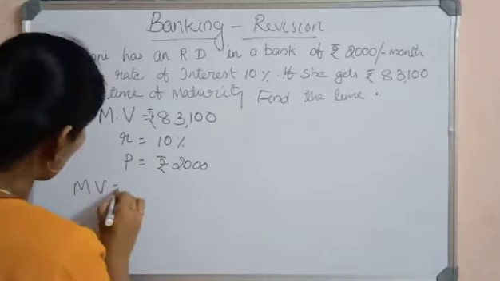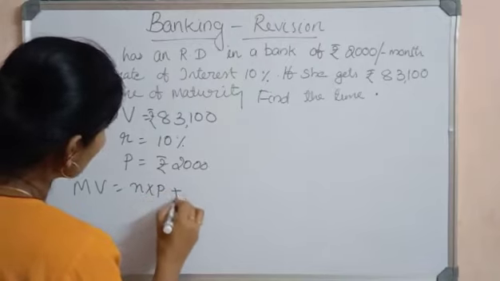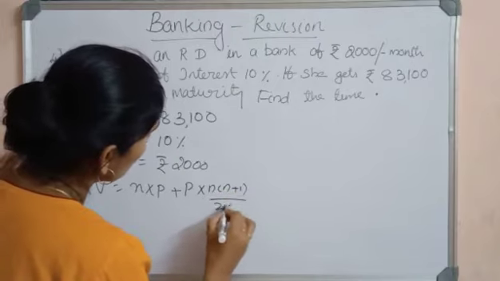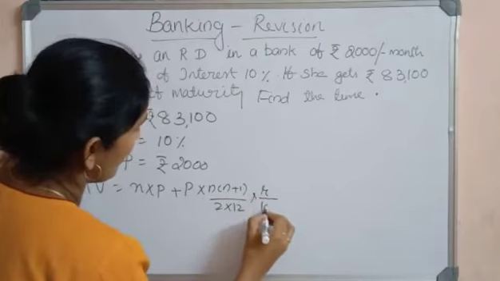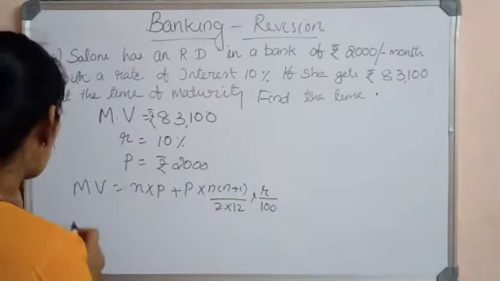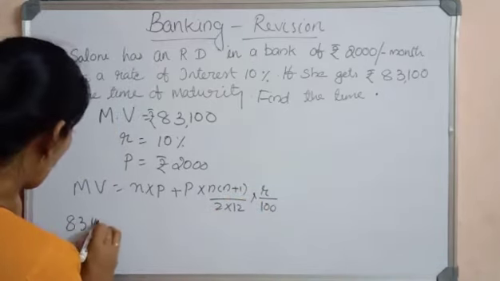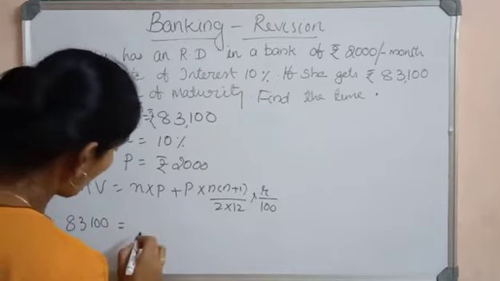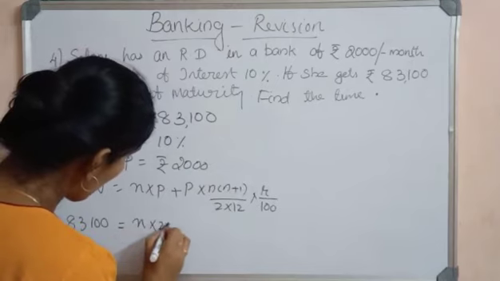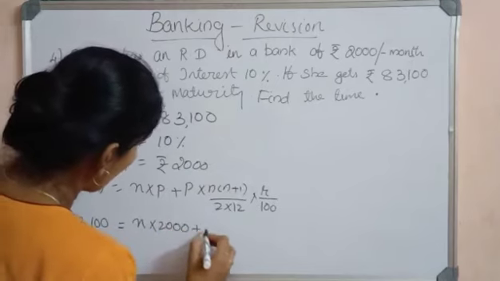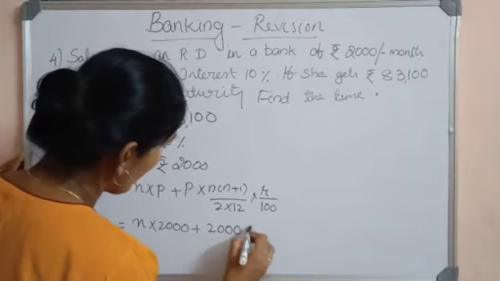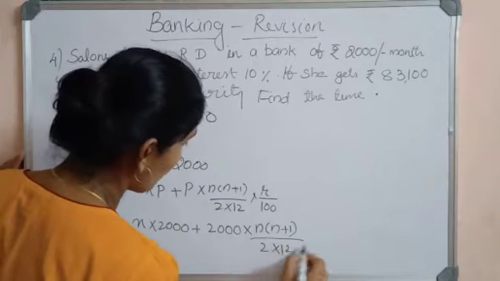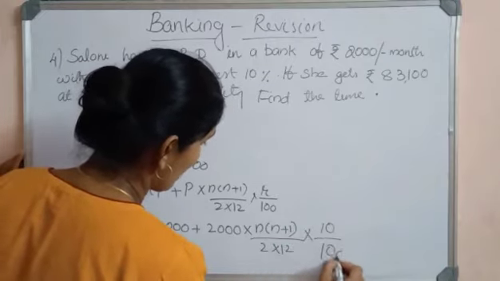Now let's substitute the values in the maturity value formula. Maturity value is equal to n into p plus I. I is p into n plus 1 by 2 into 12 into r by 100. Let's substitute the values. 83,100 is equal to n, the time which we have to find, n into 2000 plus again p is 2000 into n plus 1 by 2 into 12 into 10 by 100.